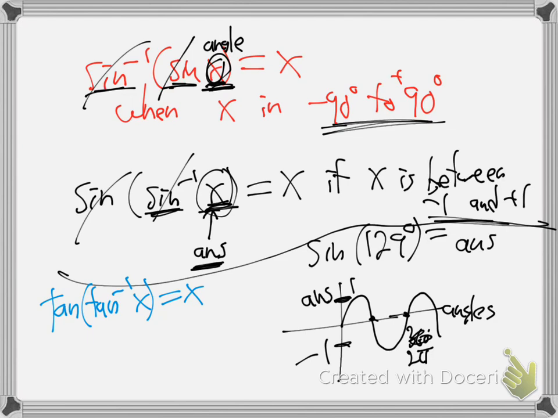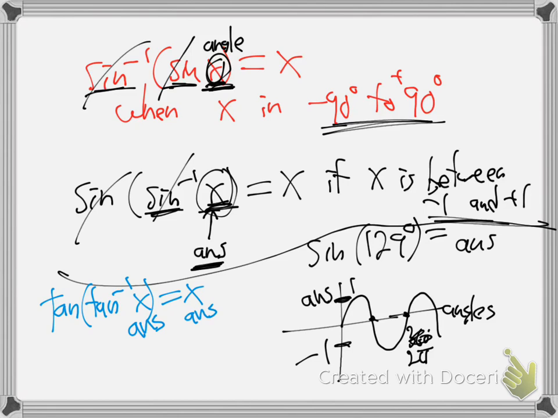Is that an angle or an answer? What do you put into tan inverse or any inverse function? Do you put in angles? No. You put angles into regular functions. You put answers into inverse functions, right? That x is an answer, not an angle.